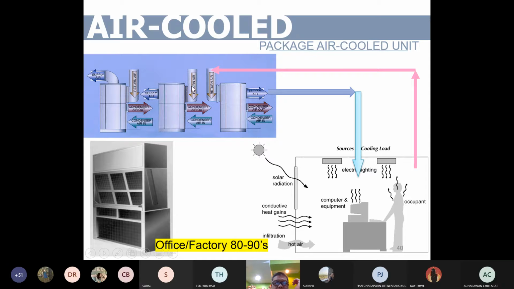They can supply either from this one or the front, or the other side also. So you supply the cold air into the room to the occupant, and from the room you return the air back to the unit. We call it the package air cool unit.